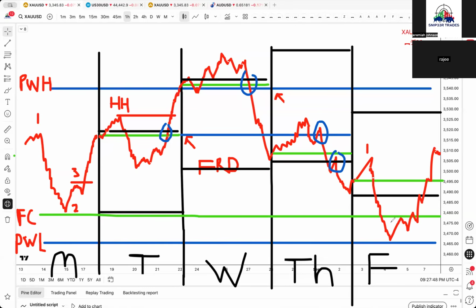A one, two, higher highs on the backside or on the inside. Three, dump and pump from where? From where? Friday's closing price.